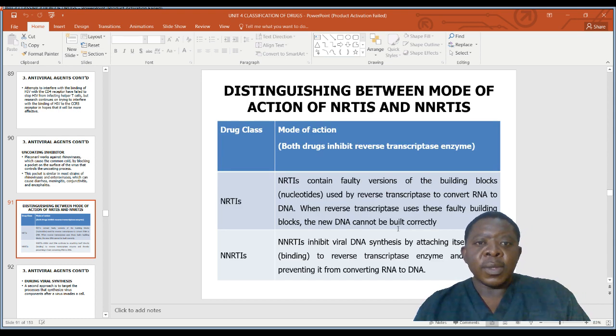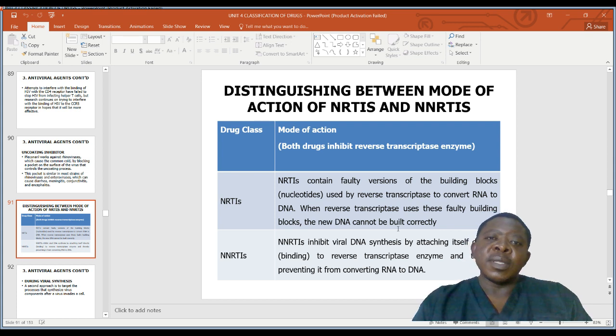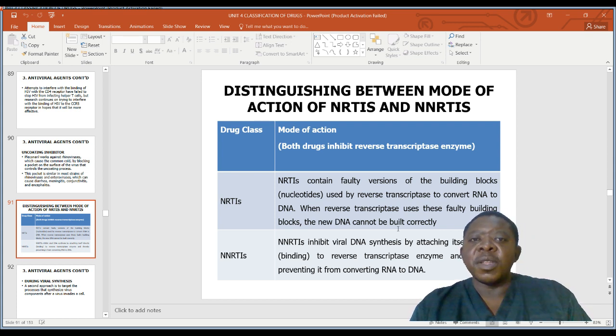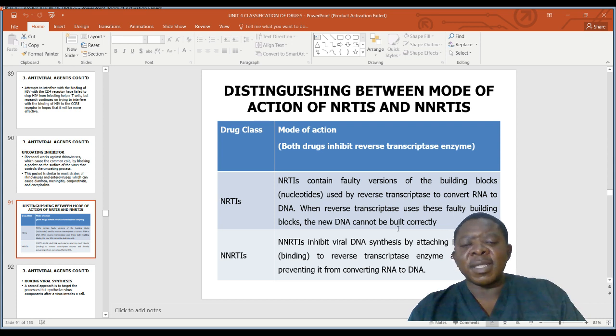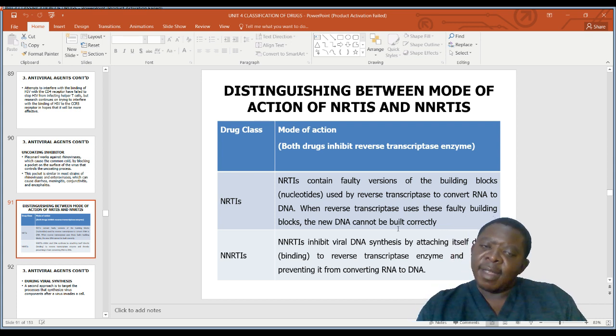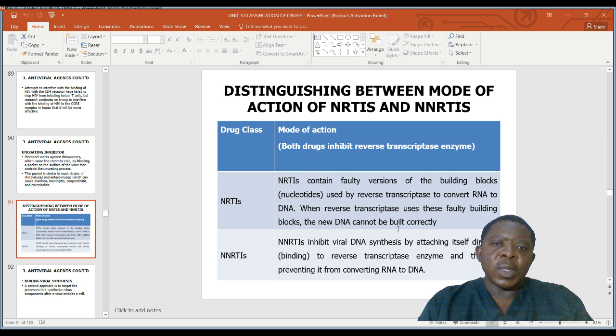So here I have a group of some drugs, and the enzymes that they block, so the drug class and then their mode of action. This can help in distinguishing between the mode of action of the nucleoside reverse transcriptase inhibitors and the non-nucleoside reverse transcriptase inhibitors that are used in HIV.